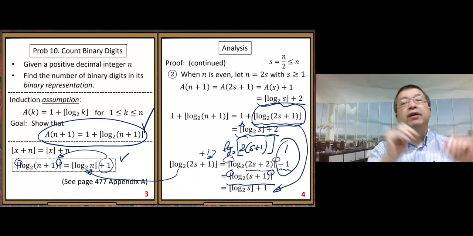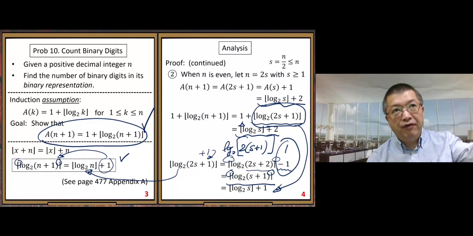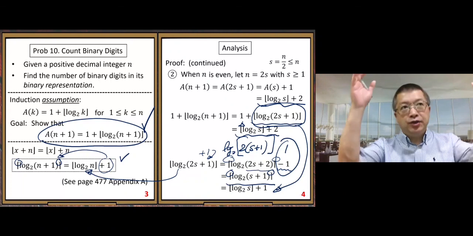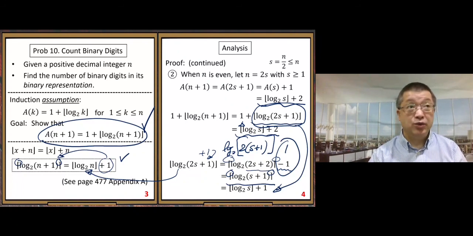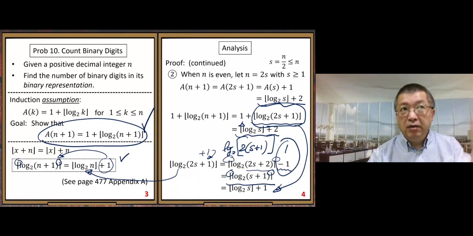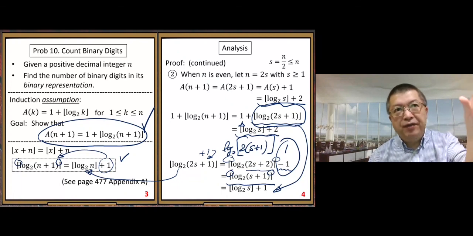Then, by mathematical induction, our conclusion is the original formula. So we finish that proof. This proof is pretty hard because we use several formulas related to logarithm properties. So try your best to understand the proof.